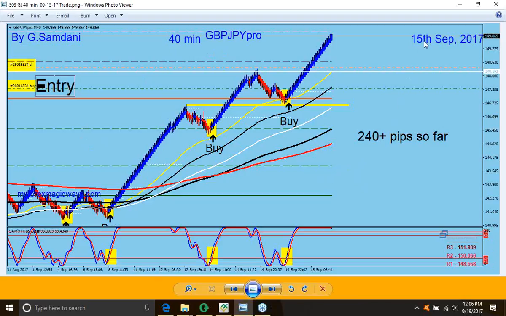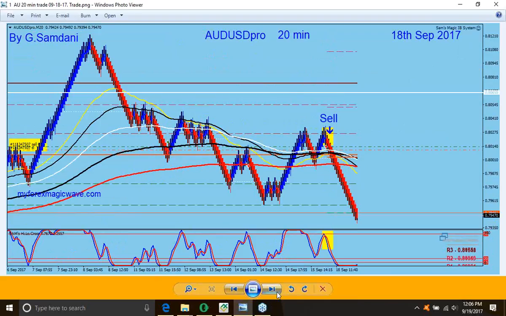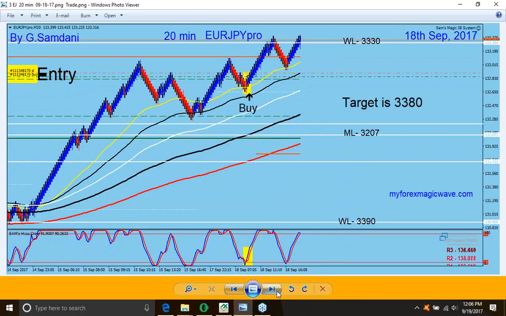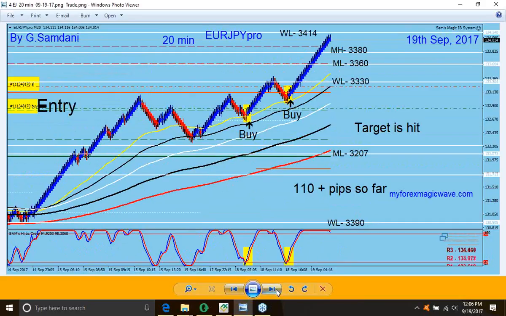Okay, so between these 2 days, I had two trades in 2 days, 170 pips and 240 pips, only in pound yen. And the trades yesterday I just showed you. This was the one. Then this is the second, and this is the third, which also went almost 100 pips. Okay, it went there.